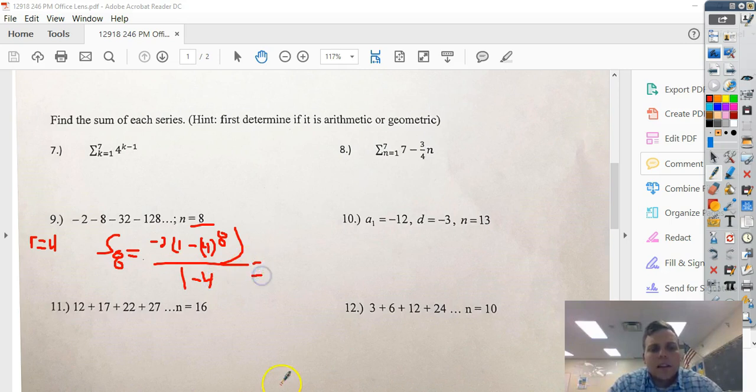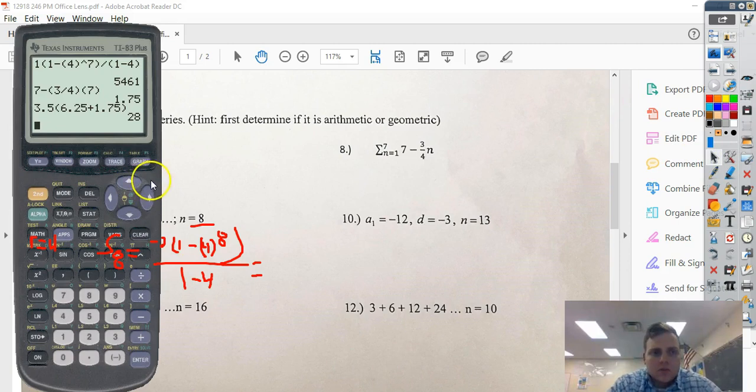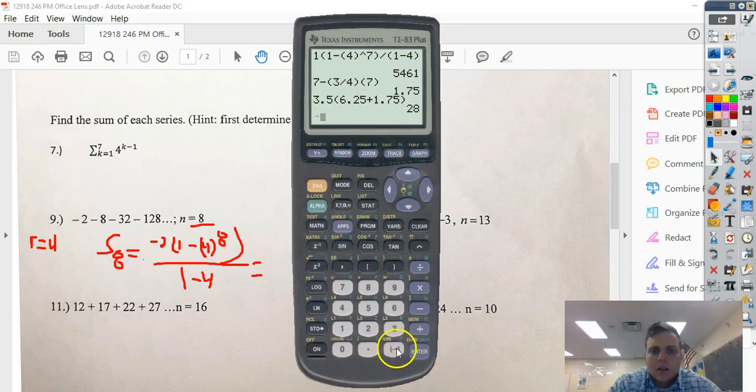And then I'm just going to plug that in a calculator and let the calculator do all the heavy lifting for me. So I'm just going to simply say -2 times 1 minus 4. I'm going to go ahead and just put this in parentheses just to maintain consistency. Raised to the 8 divided by, again, 1 minus 4 is -3. So if you just put -3, that would be fine.